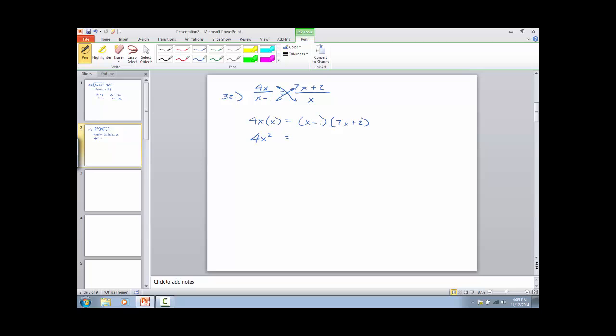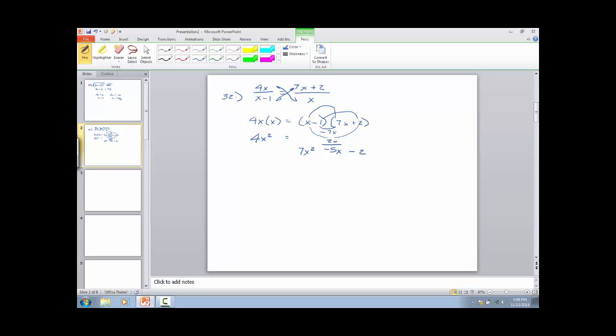Okay, now little smiley faces gives me negative 7x and 2x, which gives me negative 5x as our middle term. x times 7x is 7x squared, and our last term, negative 1 times 2, is negative 2. So I've got 4x squared equals 7x squared minus 5x minus 2.